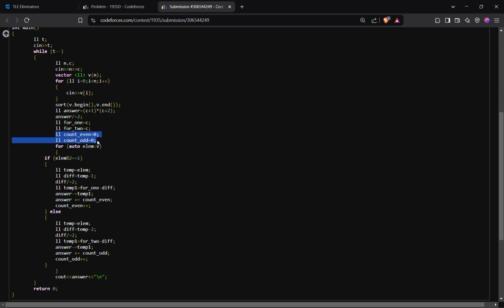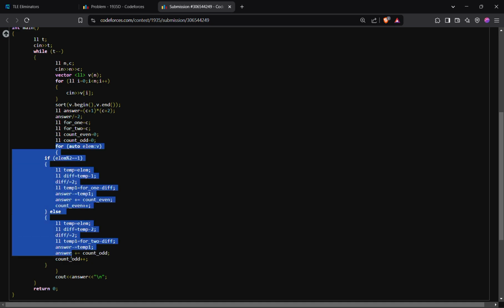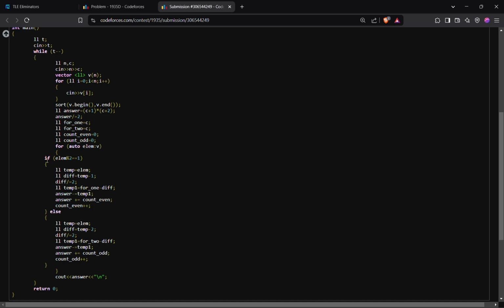Then count of odd, then count of even, and here we are processing every element in that vector or set, whatever it is. If that is odd, then this temp is a temporary variable to perform operation on this element elem. And yes, difference is like if it is 1, then how far are you, right?